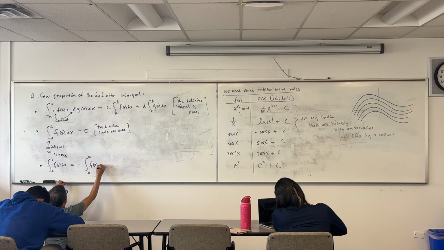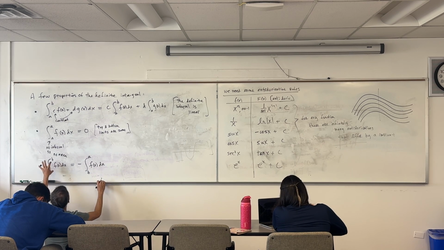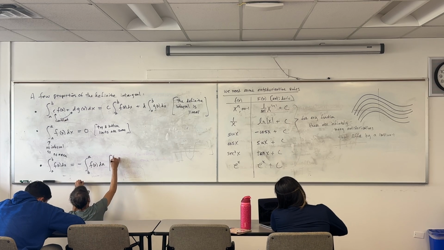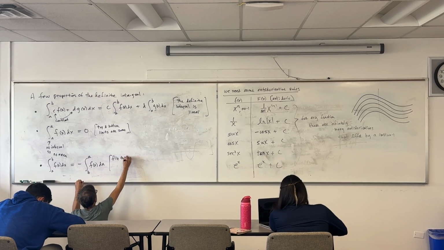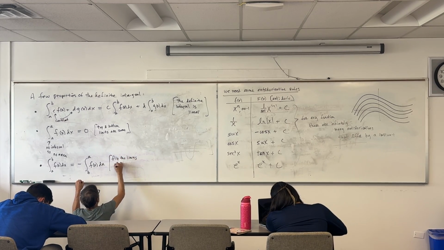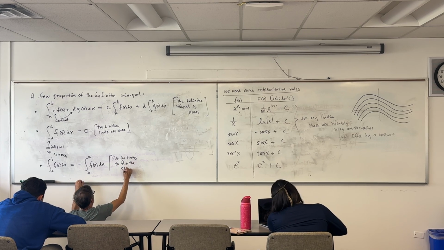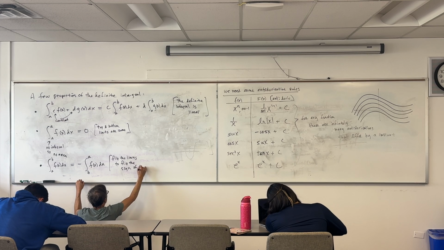So when you flip the limits, you flip the sign of the integral, and that's a good heuristic for it. Flip the limits to flip the sign, S-I-G-N, of the definite integral.